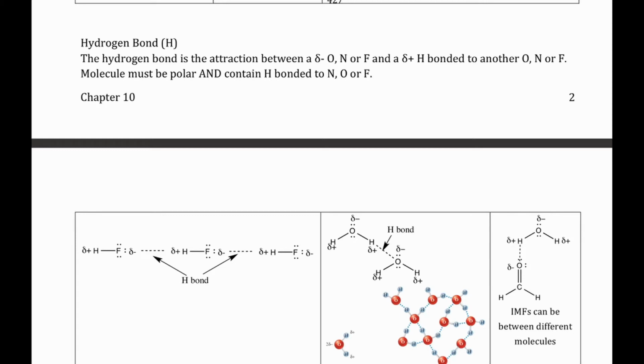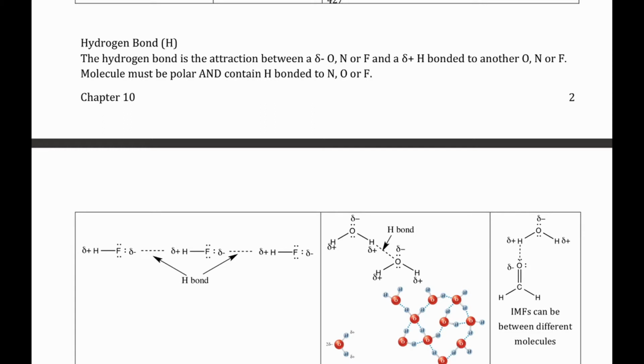Remember that F is the most electronegative element on the periodic table, O is next in line, and N is a little bit less electronegative, but still very electronegative. And also, F, O, and N are very small, as is hydrogen very small.